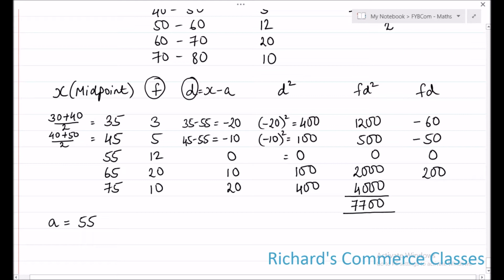And 10 into 20, 200. And we'll take the total of the last column also. The answer is 290.